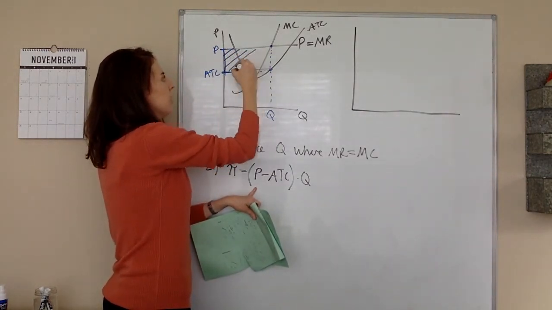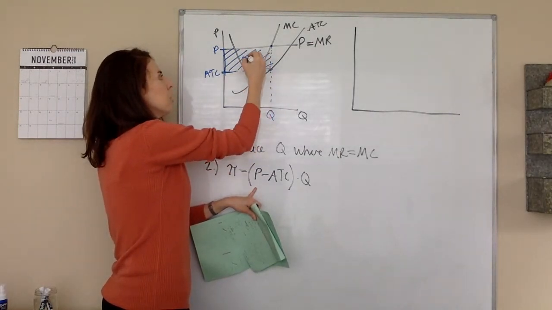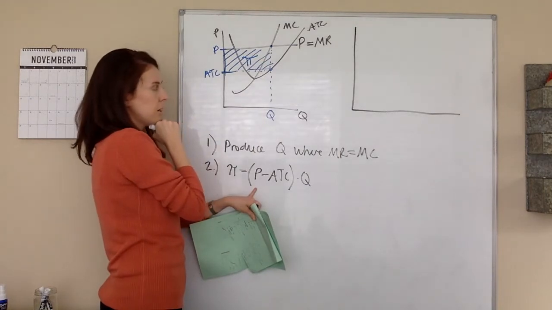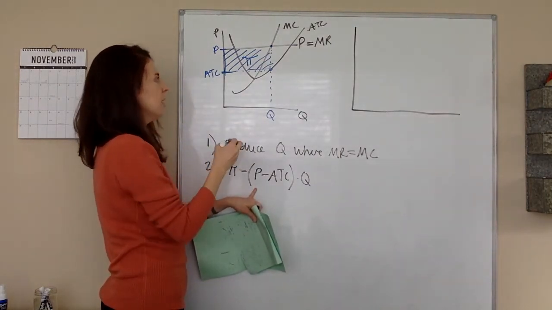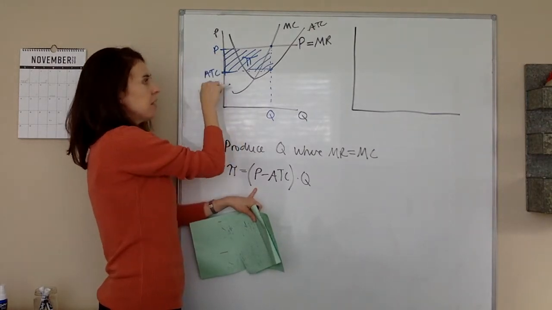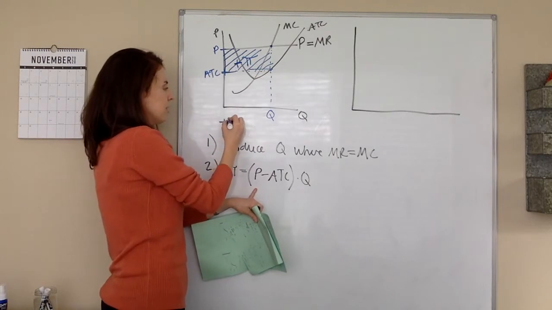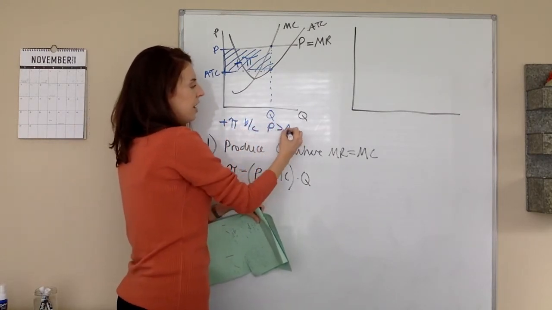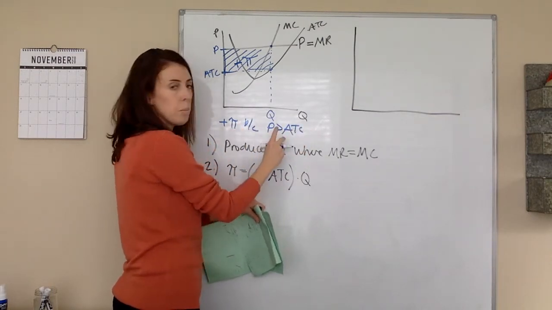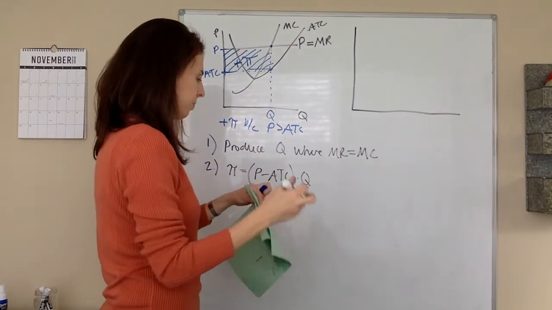So the area of this shaded region would be equivalent to the profit that the concrete company owner was making. And since the price is above the average total cost, it's positive profit. In this case, it's positive profit because the price is greater than the average total cost. So again, we're always concerned about the relative positions of price and average total cost.